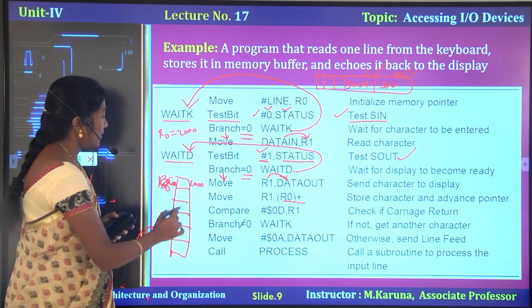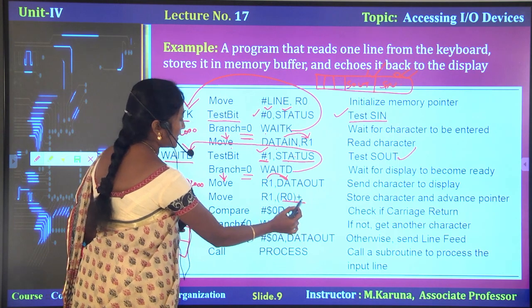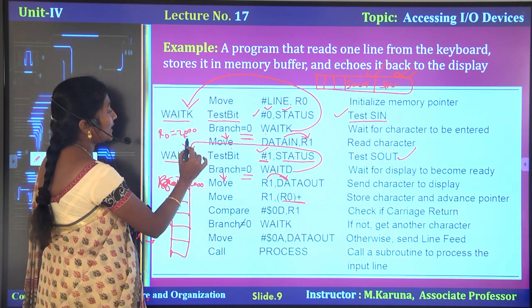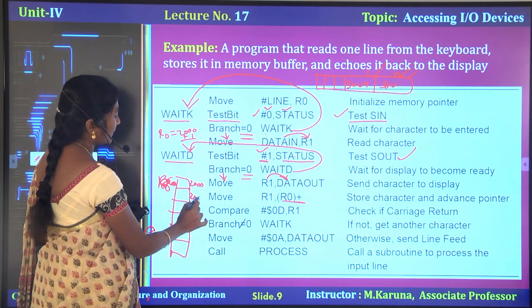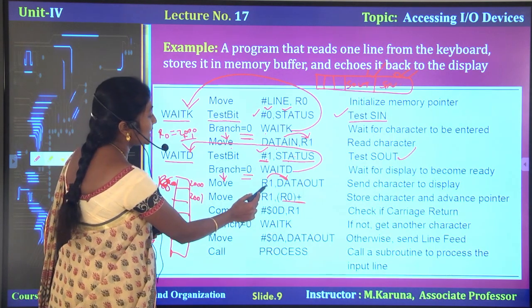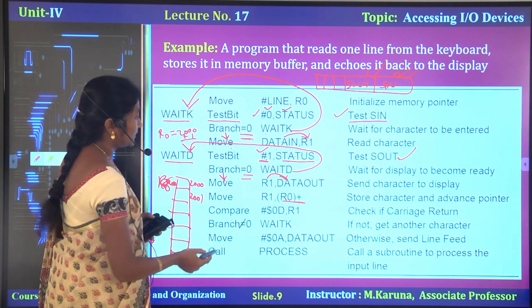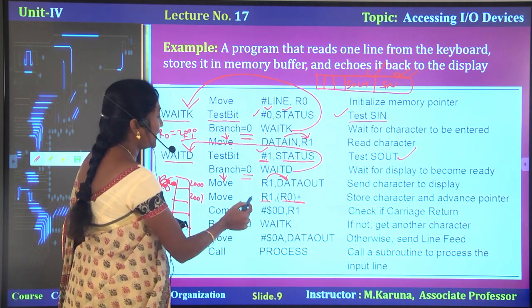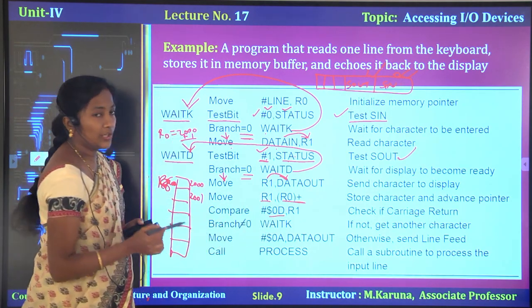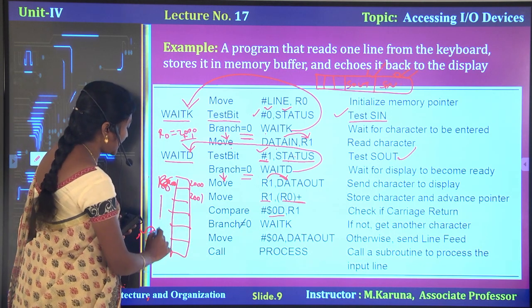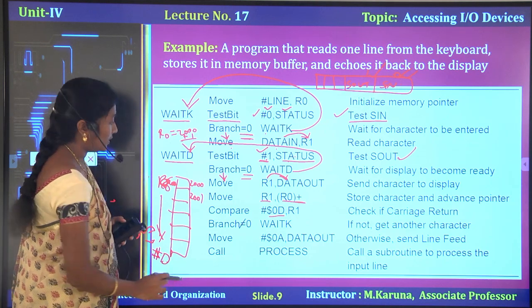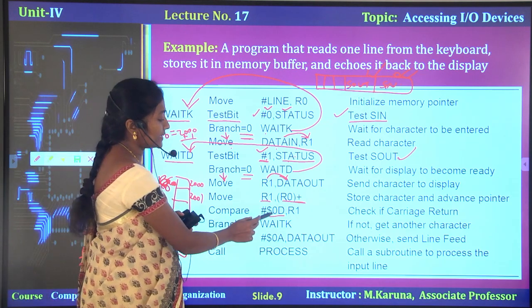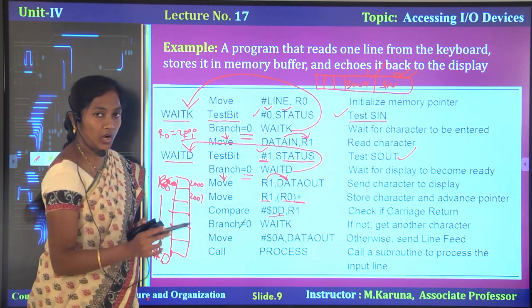Now increment R0 means R0 will be incremented by 1, that means 2001. Whatever data is available in R1 will be compared with 0D, because a string must be terminated with $0D. So the check is whether the character is 0D or not.